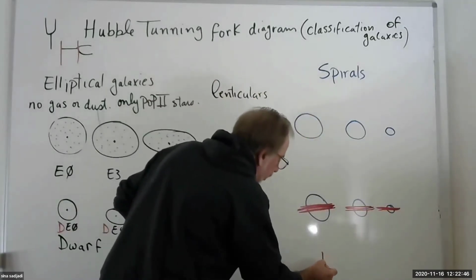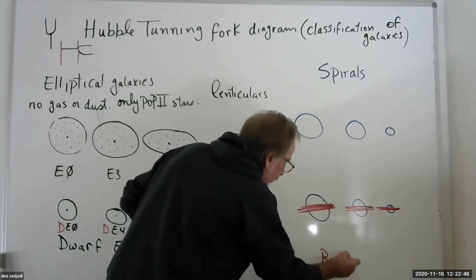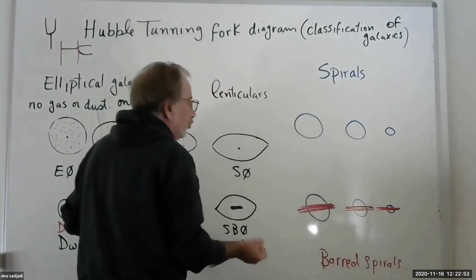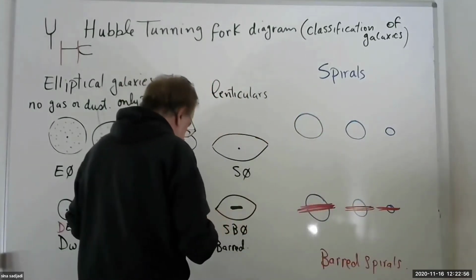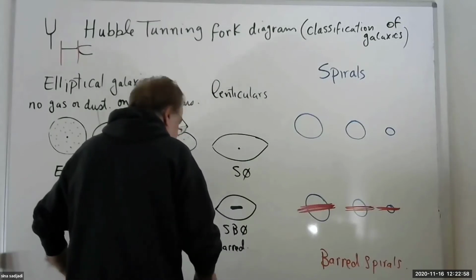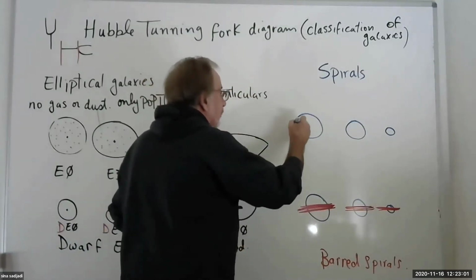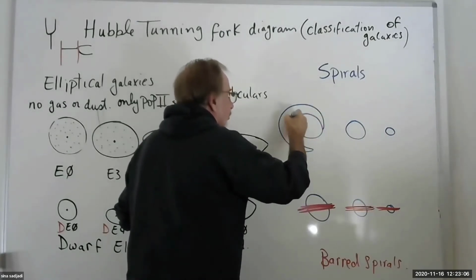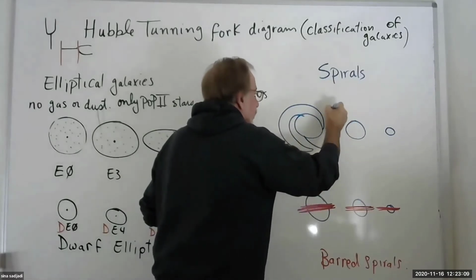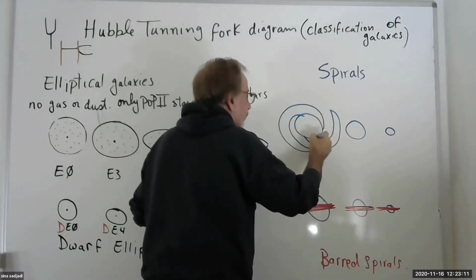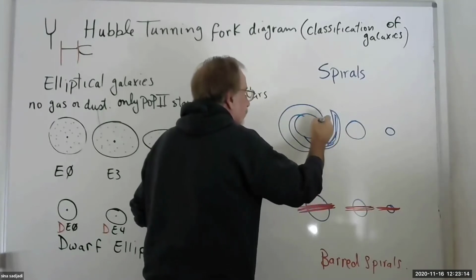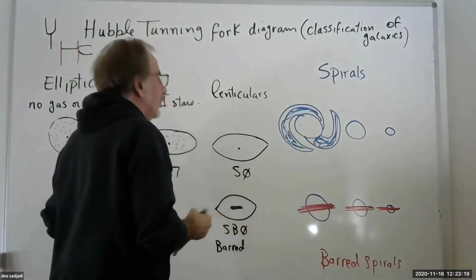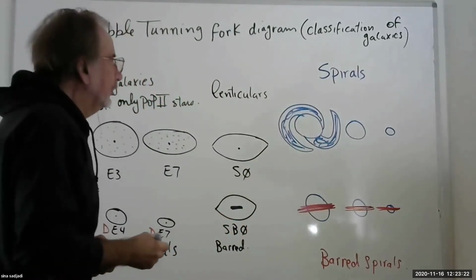So we say these are the barred spirals. These are like the regular spirals and then barred spirals. And these guys have spiral arms that come directly from the nucleus.